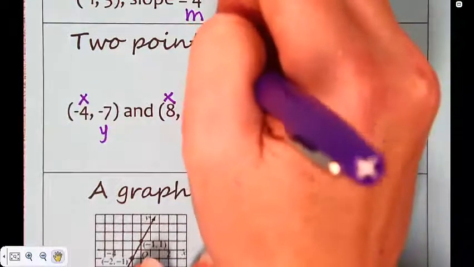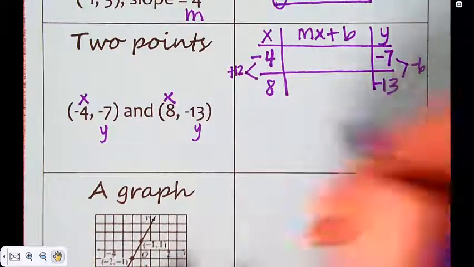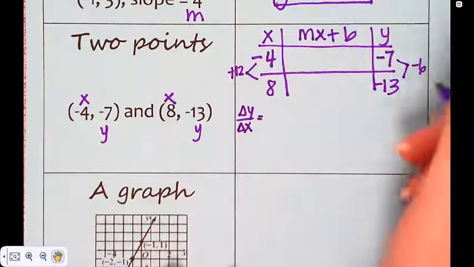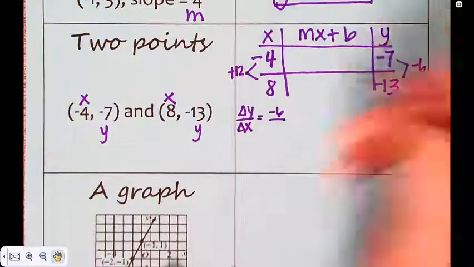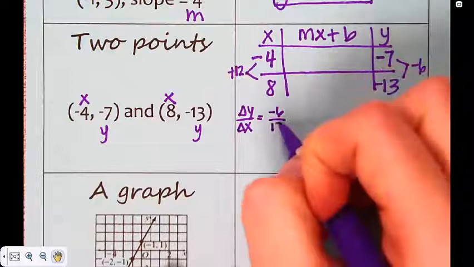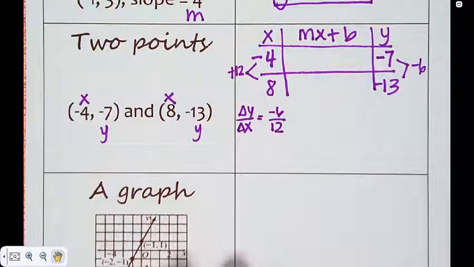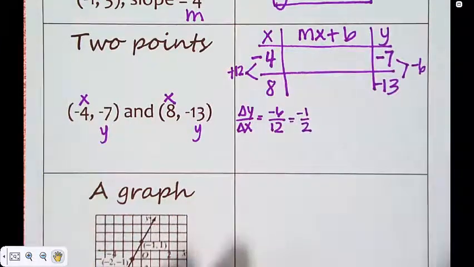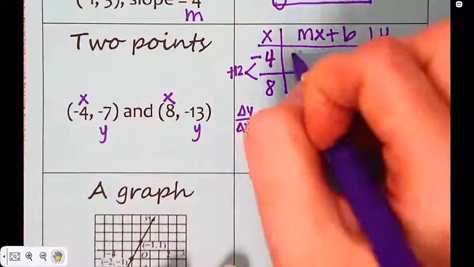We add 12. Now if you remember from finite differences, we do the delta y over the delta x. So our delta y is -6. Our delta x is 12, and if we were to do that in our calculator, -6 divided by 12 is going to give us -1/2. So that goes in for our slope, or our m.